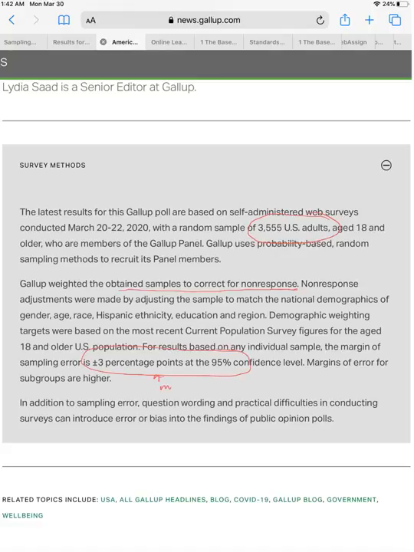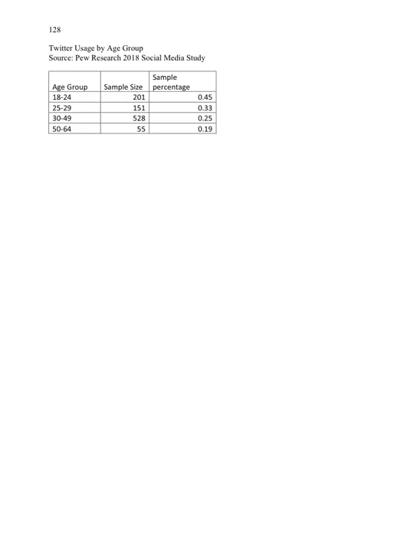So that's our margin of error, which it says. What they did is they kept their margin of error at 3%, and how they did that was that they're now taking samples that are 3.5 times the size that they used to be.